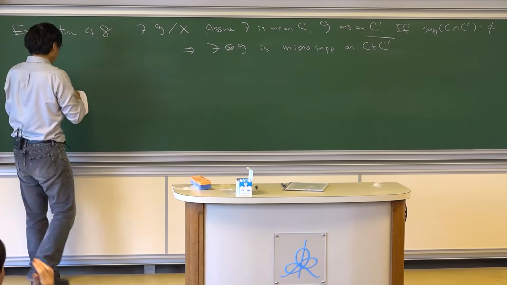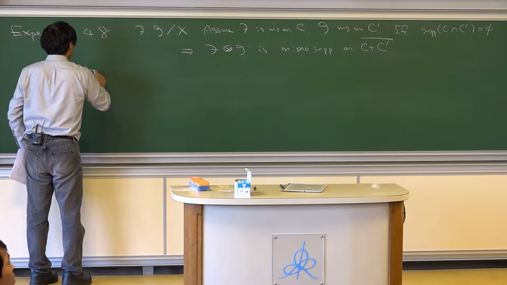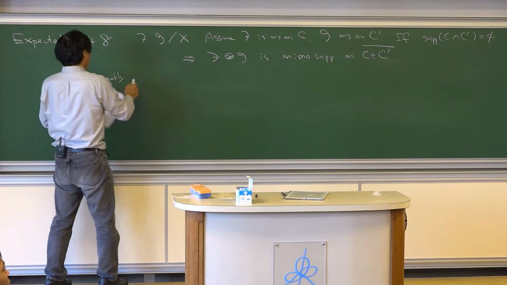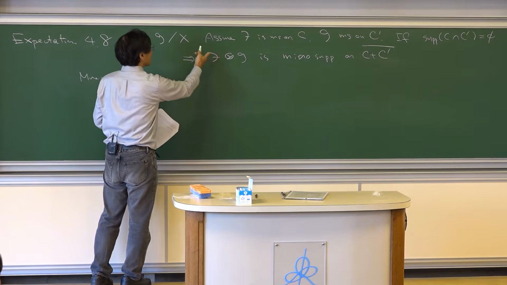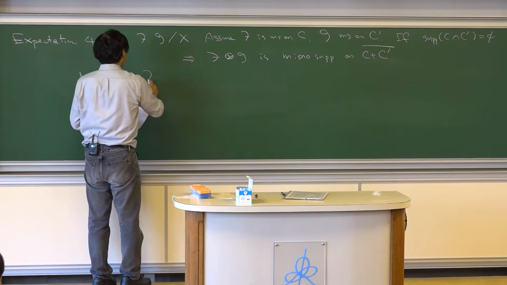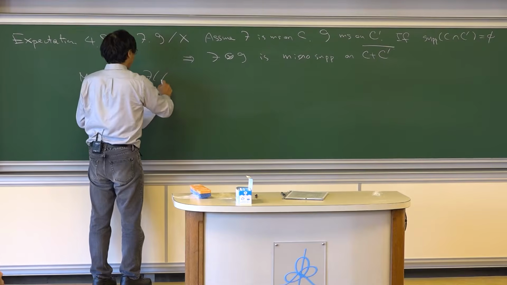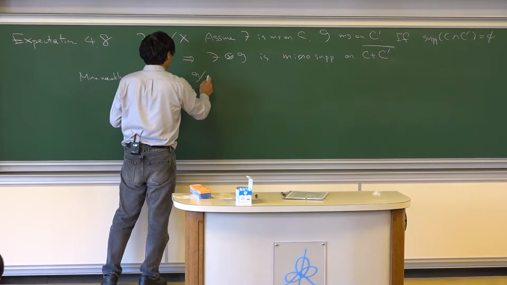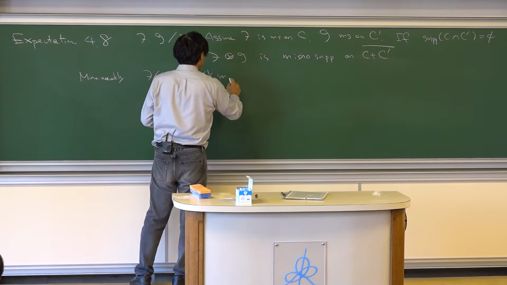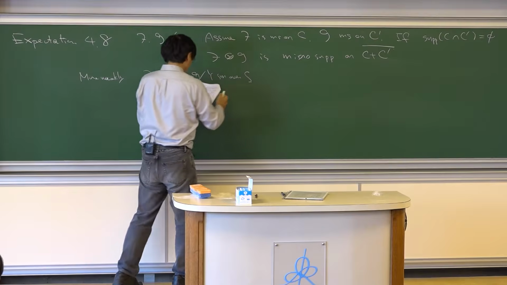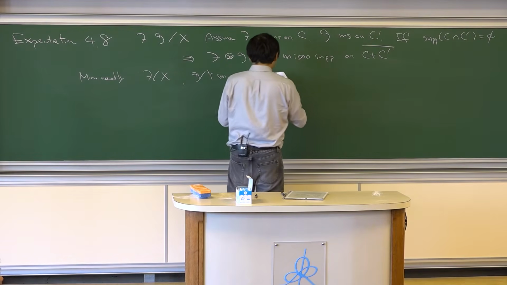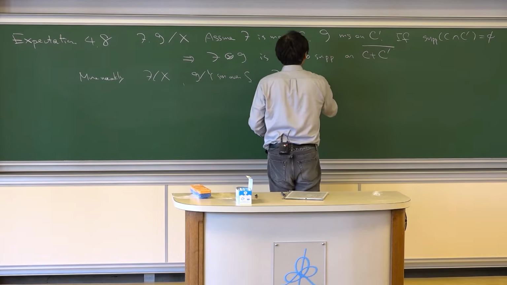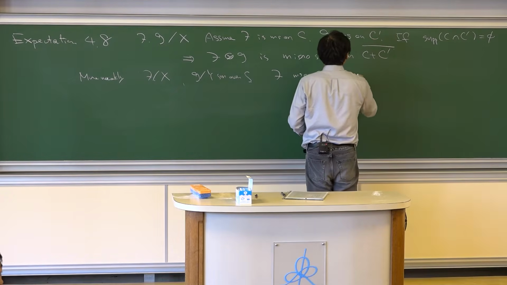So more weakly, this is the case where we have only one scheme, but now we have f on x and g on y, and y is smooth over s. Again f is micro-supported on c, and g is micro-supported on c prime.